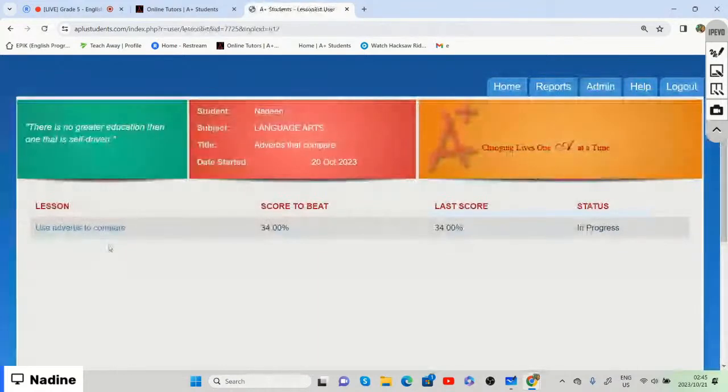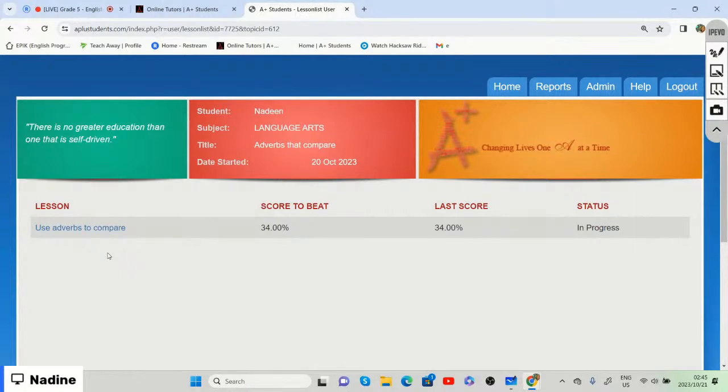All right. So that is basically our test or tutorial on adverbs that compare. And remember, we said an adverb tells us more about the verb, or we can even say describes a verb. That is an adverb.